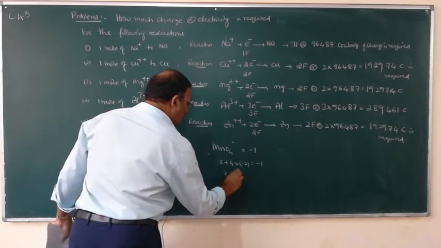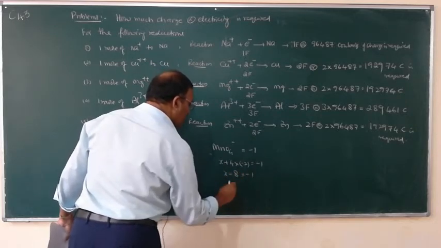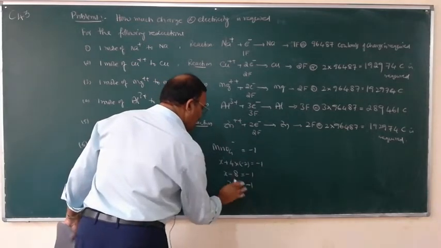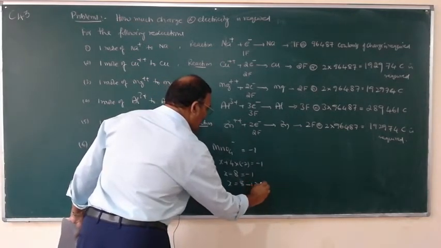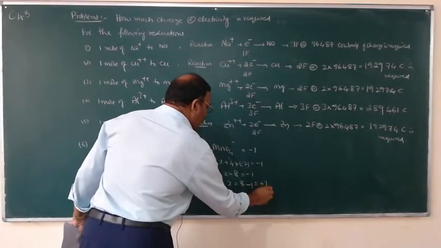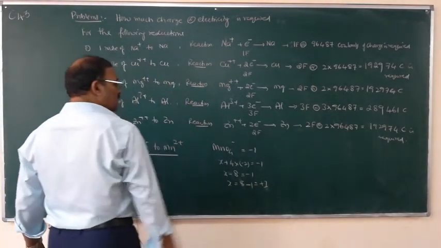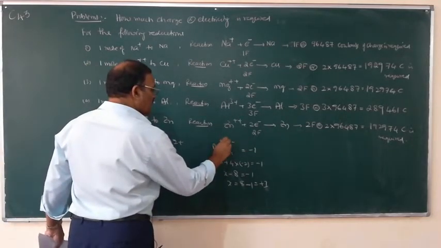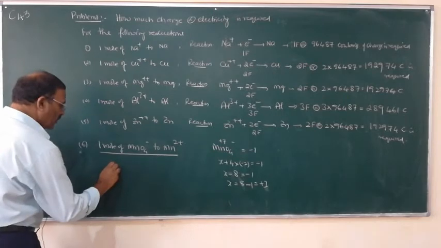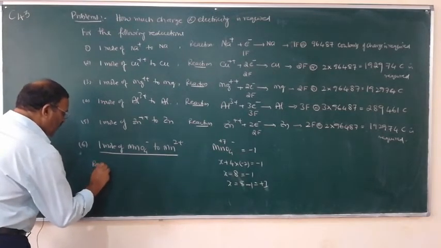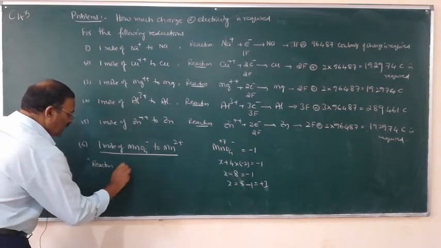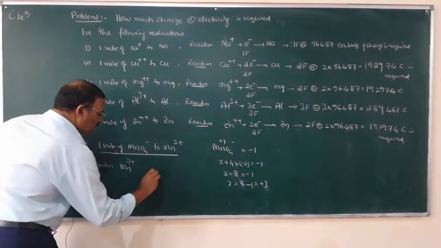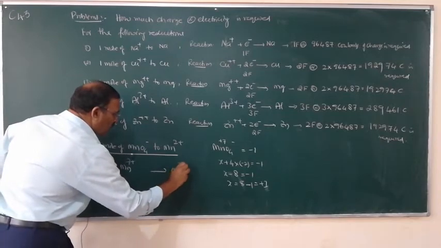X minus 8 equals -1. X equals 8 minus 1, that is equal to +7. So here the oxidation state of manganese is +7. So what is the reaction here? Mn7 plus is converted into Mn2 plus.